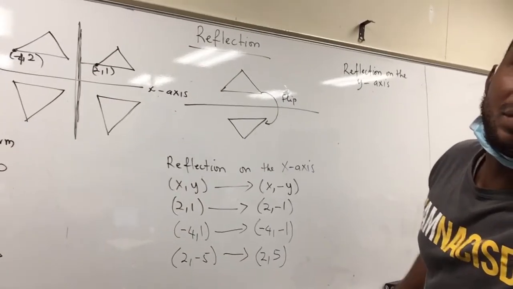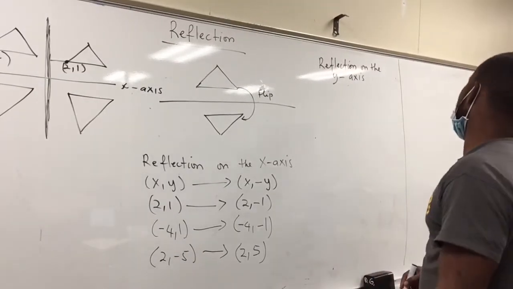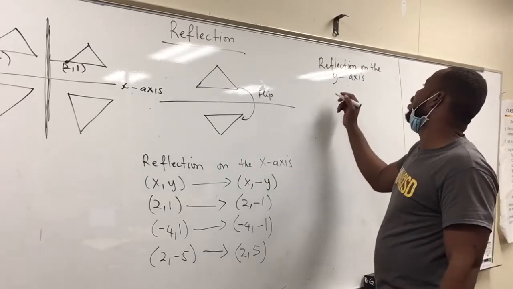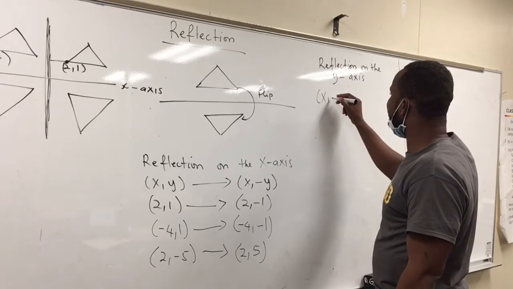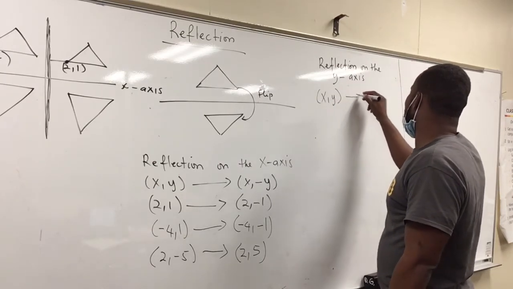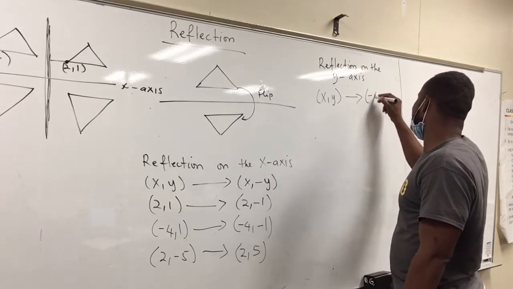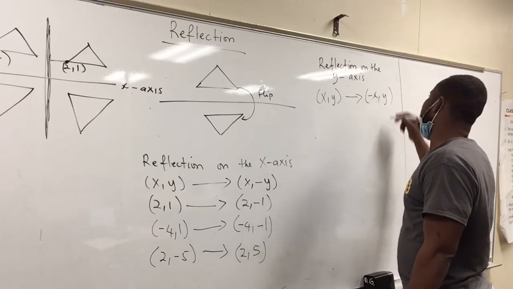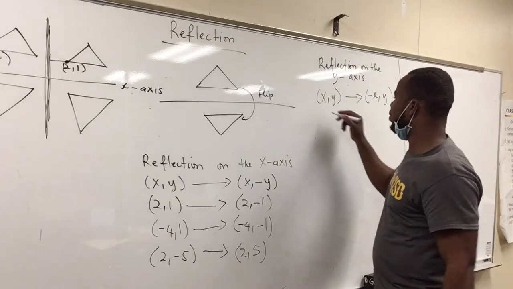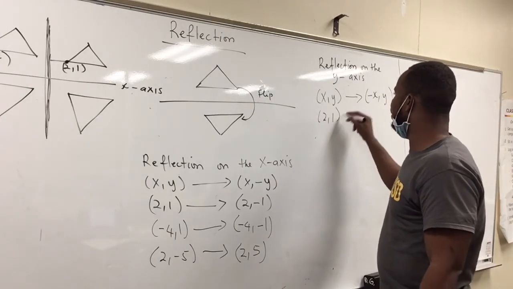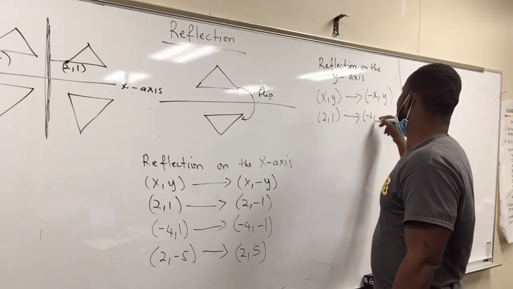Let me see if this can see the board clearly. Perfect. So reflection on the x-axis, what happened to the component? This is x, y. Now, what happened? The x becomes a negative, maintain the y. Now, let's look at this example. 2, 1 become negative 2, 1.